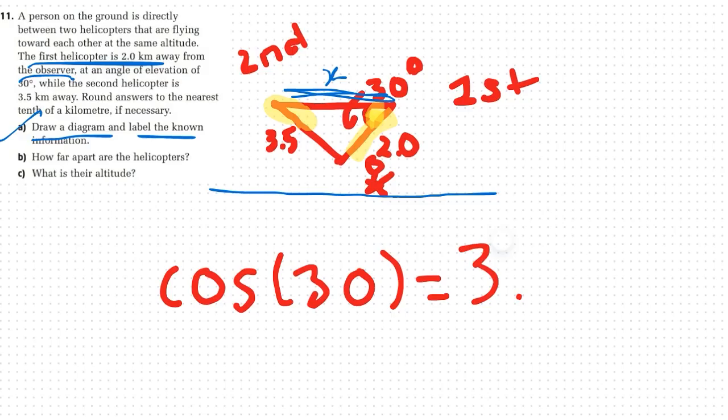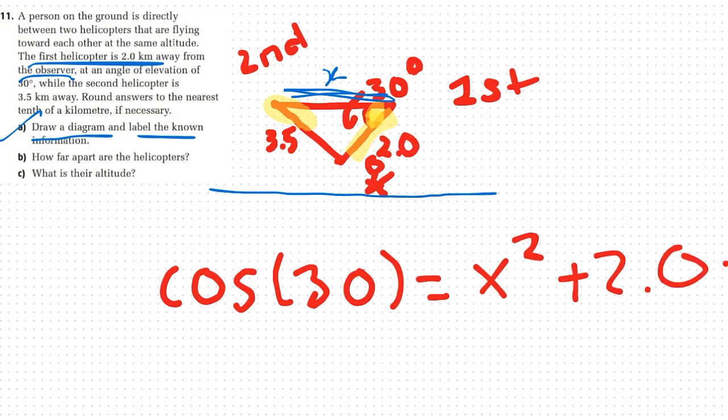The sides which are beside this 30 degrees are x and 2.0. So x squared plus 2.0 squared minus 3.5 squared.